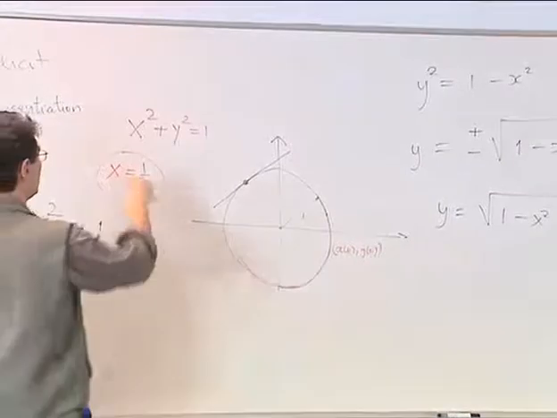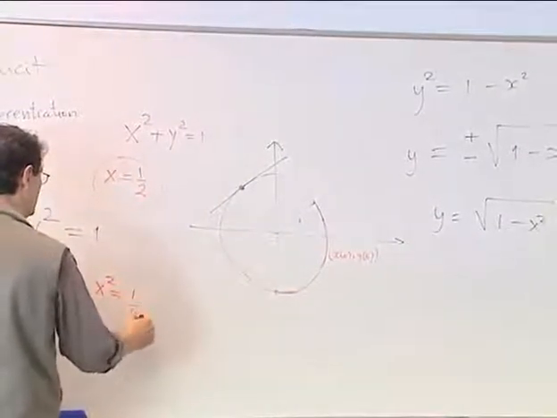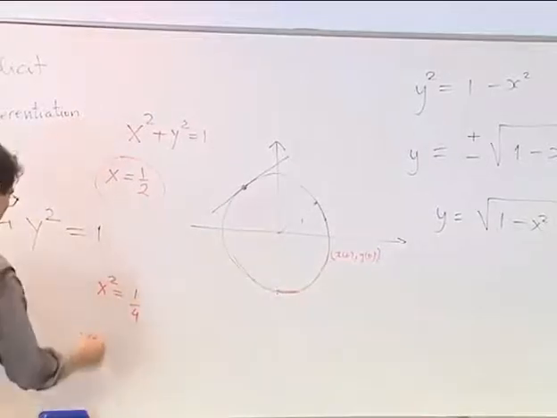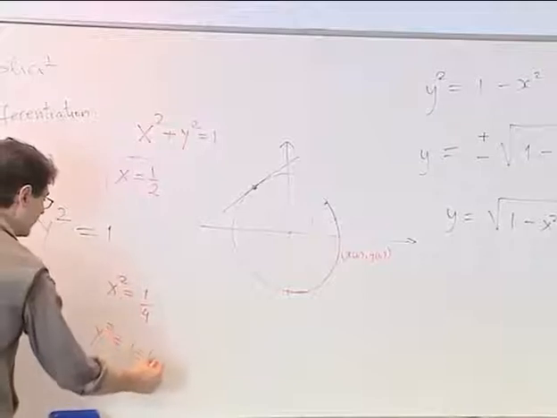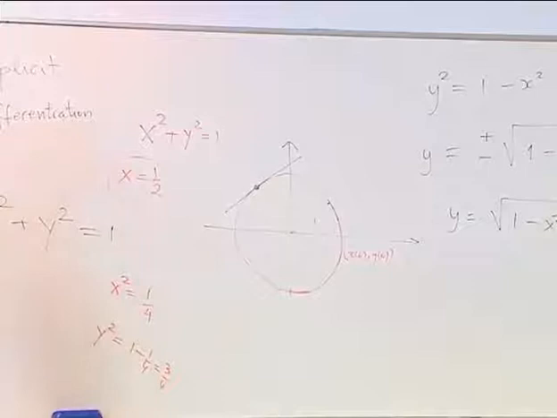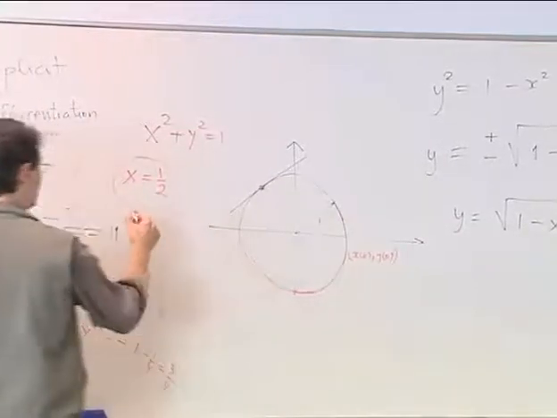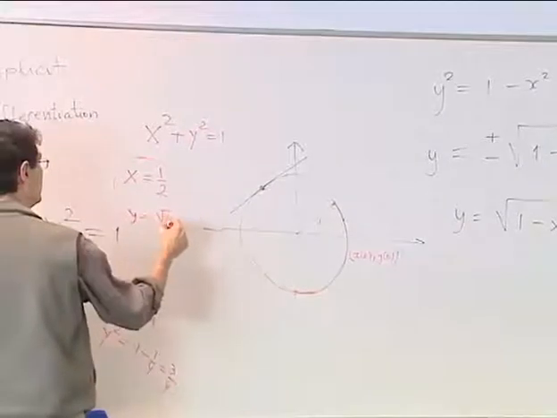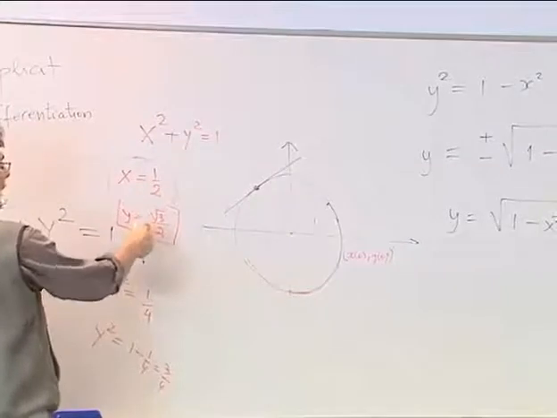So if I square that, that is 1/4. So y squared is 1 minus a quarter, which is 3/4, right? So I'm going to take for y the value square root of 3 divided by 2. So if you square this and you square that, they add up to 1.